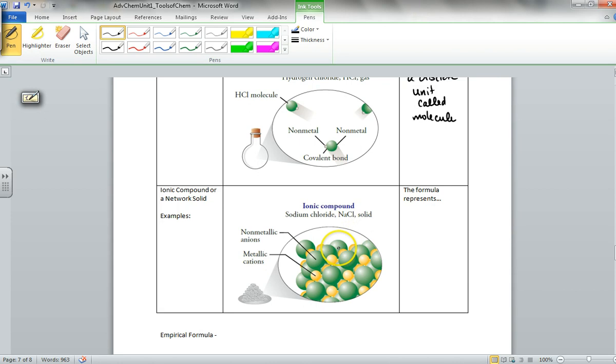NaCl is not a single sodium and single chloride; it is not a single molecule. It's not separate. Instead you'll find these in a complex network called a crystal lattice, where you'll have a repeating pattern, and it's in a ratio of 1 sodium for every chloride. So the formula represents the simplest ratio in a crystal lattice.